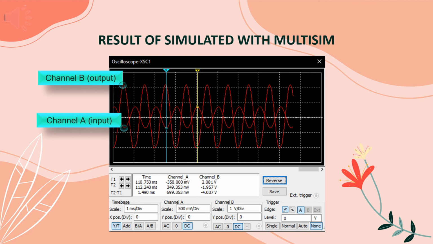Okay, next we see the time base. The scale for the time base is 1 millisecond. For channel A I put the scale at 500 millivolt, and for channel B I put the scale at 1 volt. If channel B is higher than channel A, therefore we can conclude the amplifier is a success.